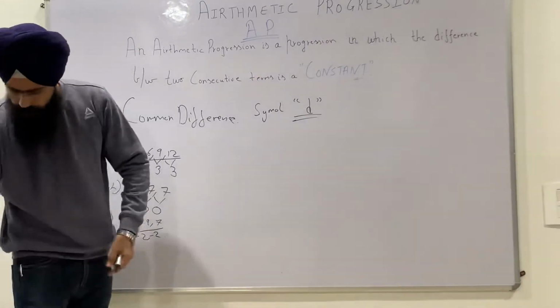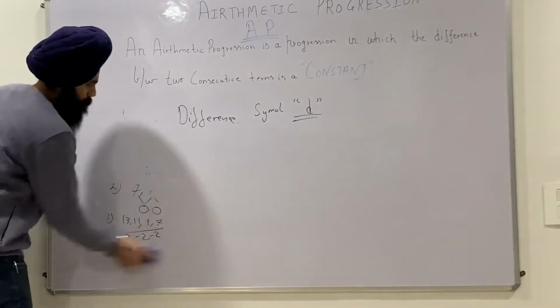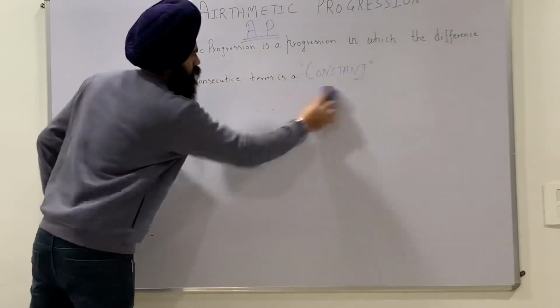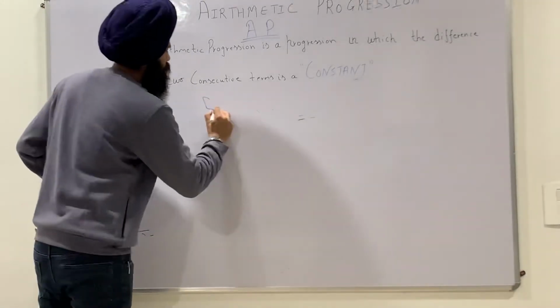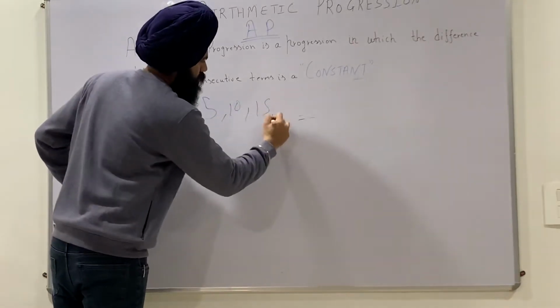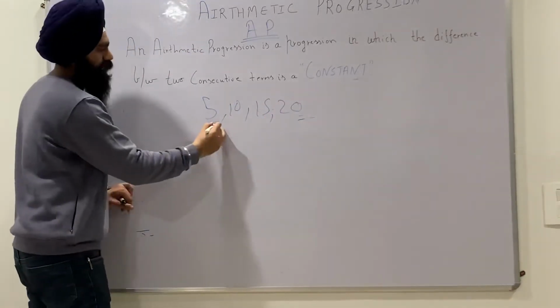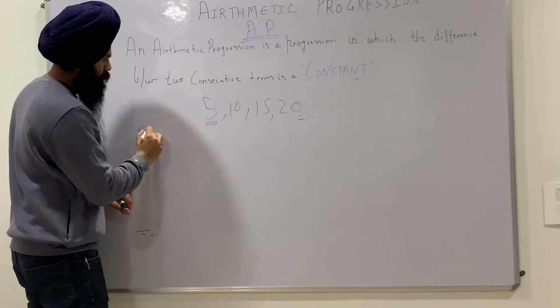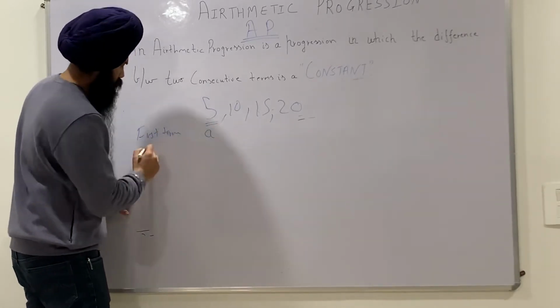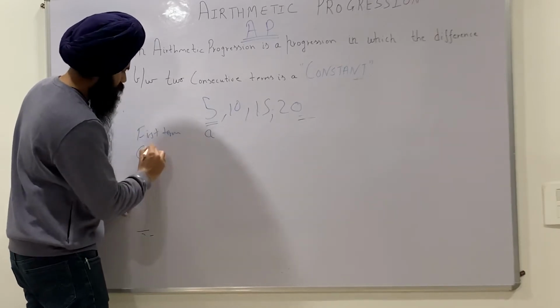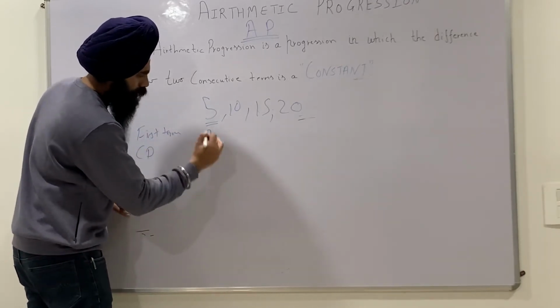Next, very important terms which we should know. Let's take the example of the series 5, 10, 15, 20. The first term, we call the first term and denote it with small a. The common difference we denote with small d.